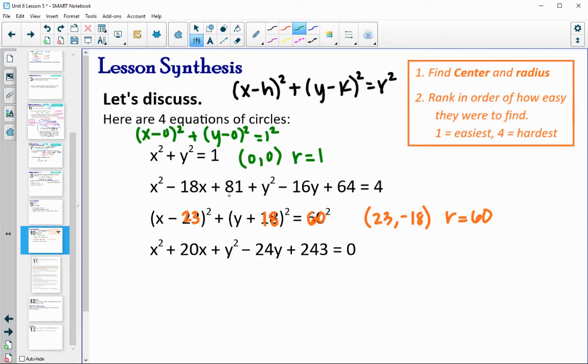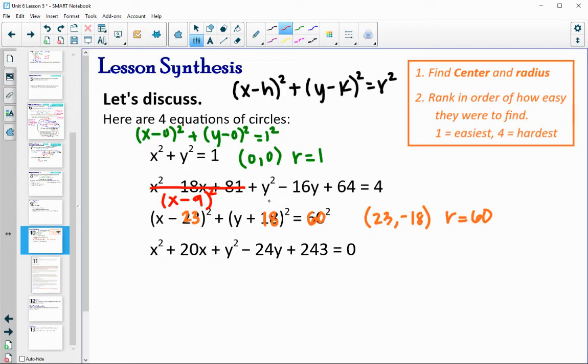Okay, these next ones you'd have to kind of manipulate a bit. So we'd have to recognize the perfect square binomial here: negative 18 divided by 2 is negative 9, and negative 9 squared is 81. So we can rewrite this part as (x minus 9) squared.